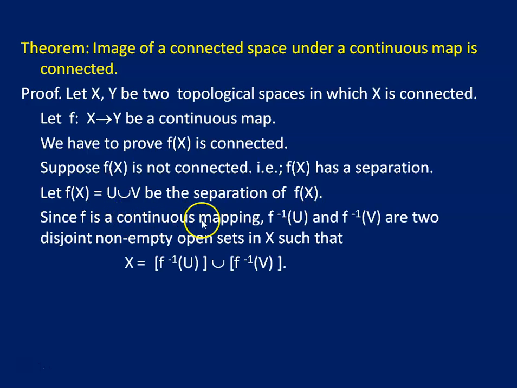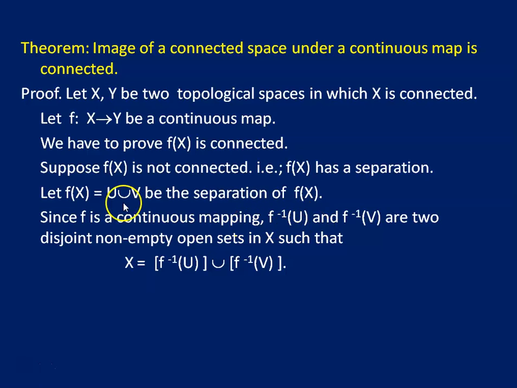Since F is continuous, F inverse U and F inverse V are two disjoint non-empty open sets in X such that X is equal to F inverse U union F inverse V. Because F is continuous and U is open, we know that the inverse image of every open set is open if F is continuous.